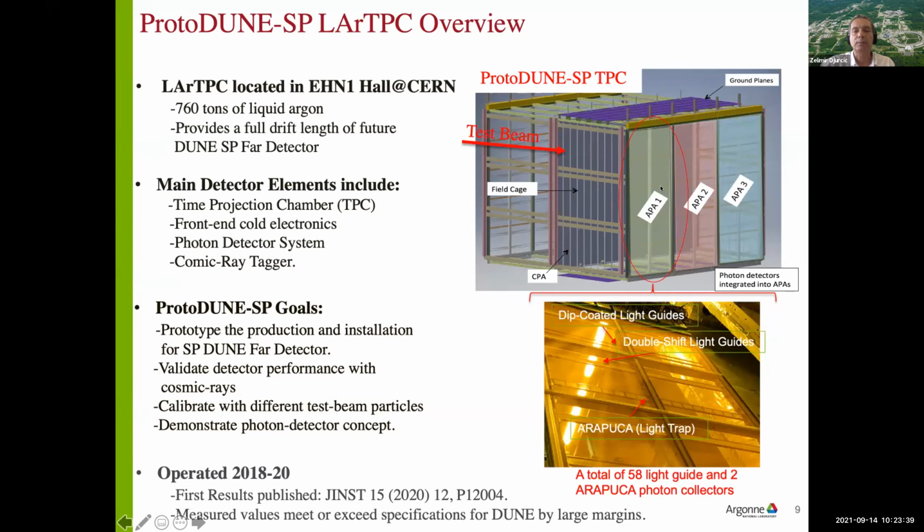And then the light will be read out by photon detectors that are suspended between the wire planes. Here's a picture that shows this shiny thing, which is a reflection from the wires, but light goes in between the wires. This is 5 millimeter pitch. And then you can see the bars everywhere.